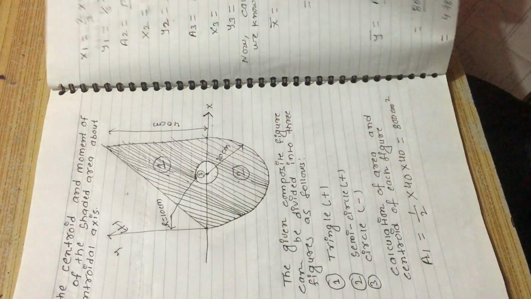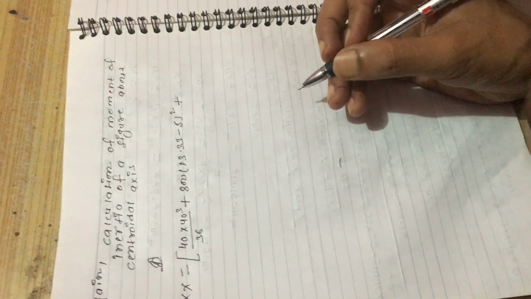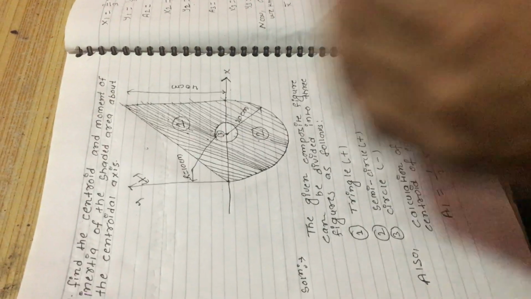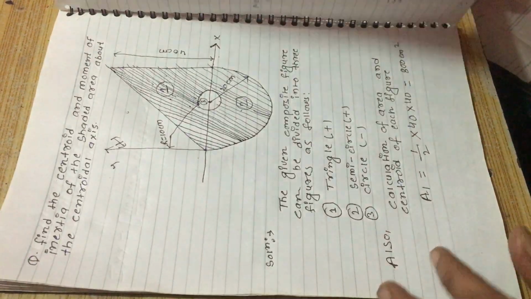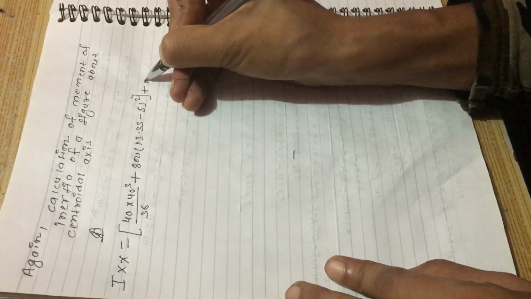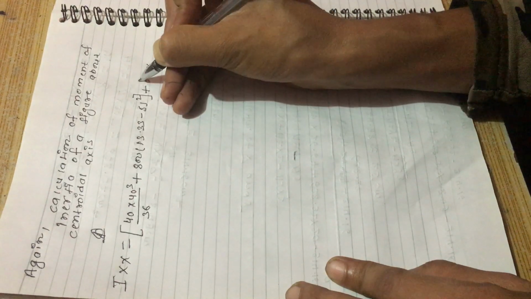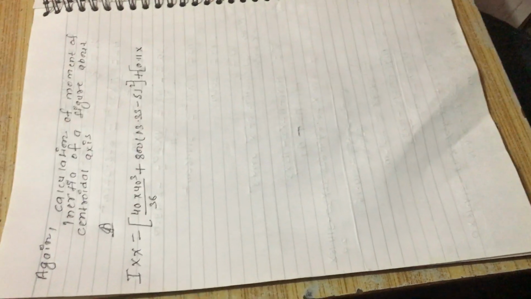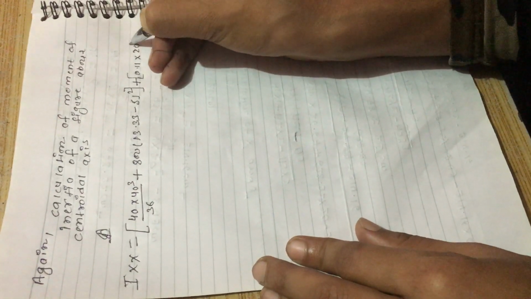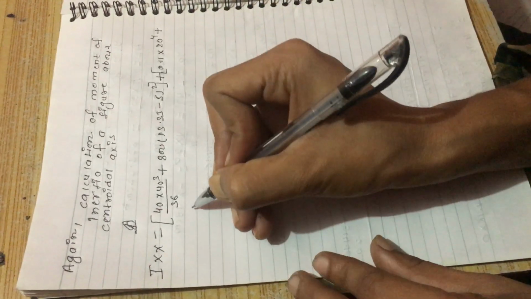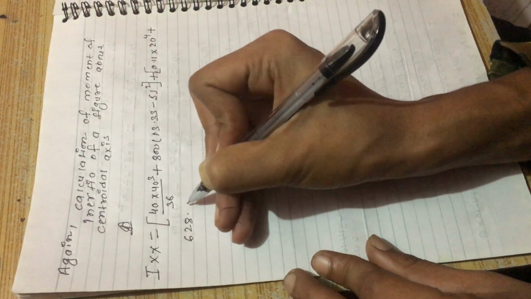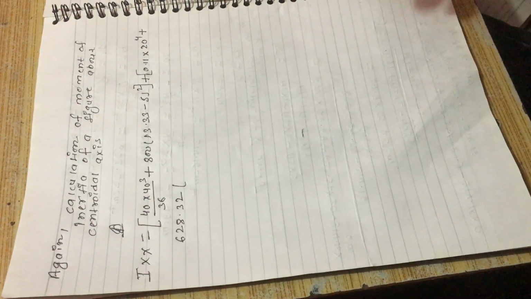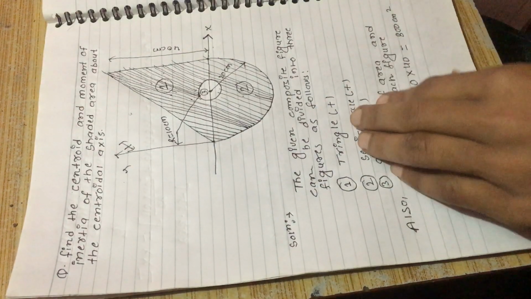Our second figure is semicircle. In semicircle, the moment of inertia of a semicircle about x-axis is 0.11 into r to the power 4, plus area 628.32 multiplied by y bar.